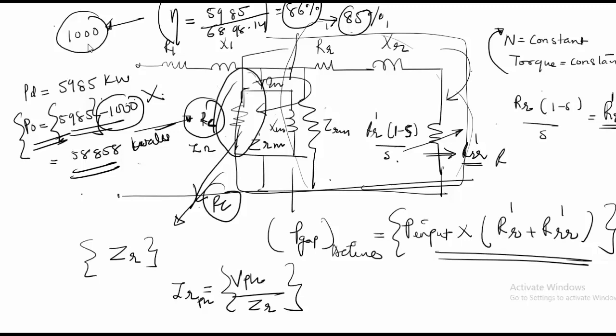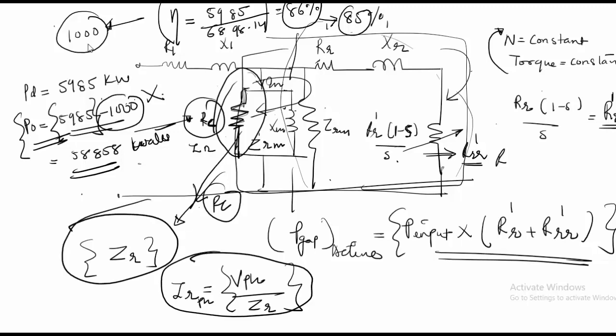And even if it is given as part of resistance, then it's possible to take both in parallel and compute the equivalent resistance. And if the friction losses are given, suppose 500 watts, then you'll have to subtract the 500 watts here, and whatever value you would have got would have been considering the iron losses.